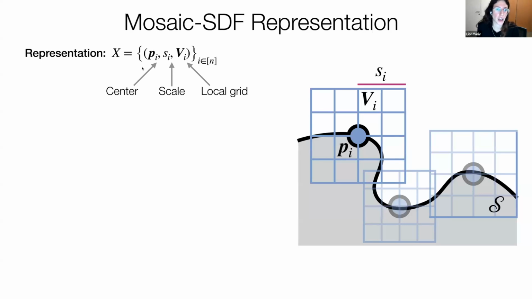It is a set, and we don't care about the order of the volumes. So it has the same equivariance properties as point clouds. So no equivariance to rotation or translation.